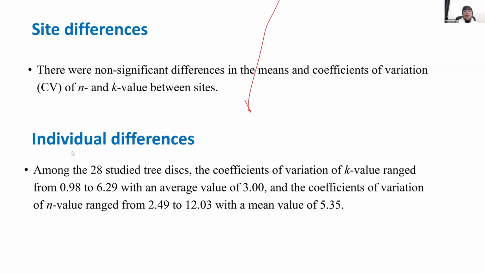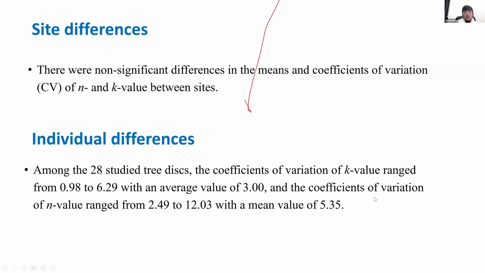But from the pictures, we can see there are huge differences between the tree rings within a tree disc. So we asked whether there are individual differences. Among the 28 studied tree discs, the coefficients of variation of the K value ranged from 0.98 to 6.29 with an average value of 3.